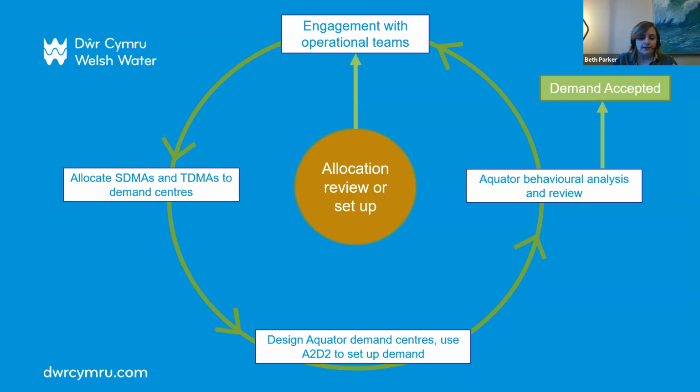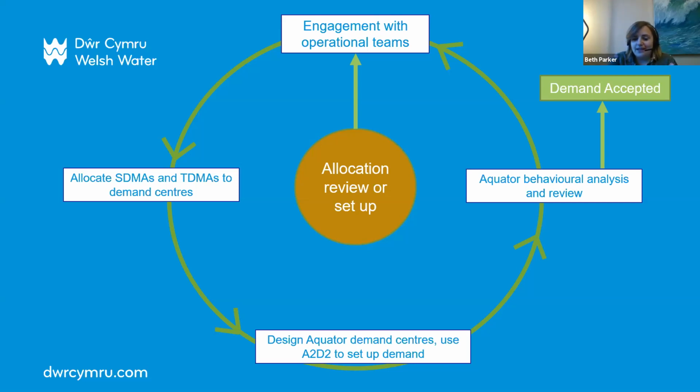We then allocate SDMAs and TDMAs, TDMAs being trunk district meter areas, to demand centers for our model. We design our Aquator demand centers and we use A2D2 to set up the demand. And then we do the Aquator behavioral analysis review, which is what you saw on the previous slide.